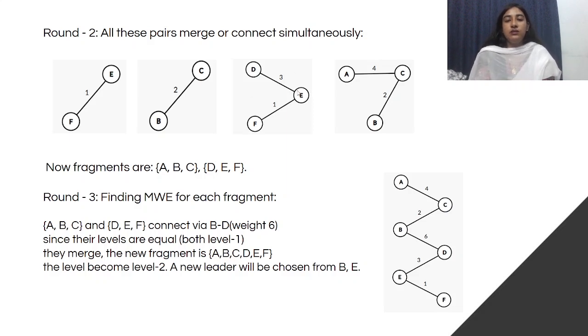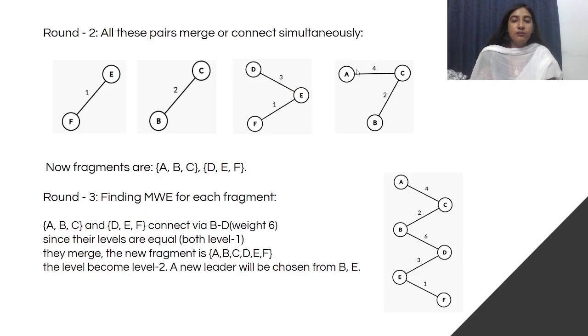Then later we want to connect D and E. E is already connected to F, so D is connected to E and also F. So a new fragment happens, which is D, E, and F.